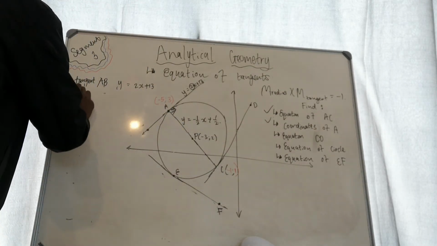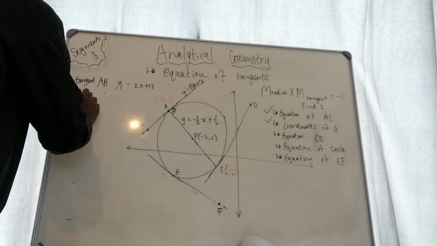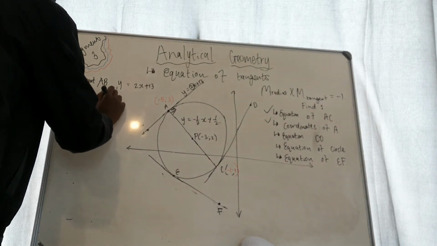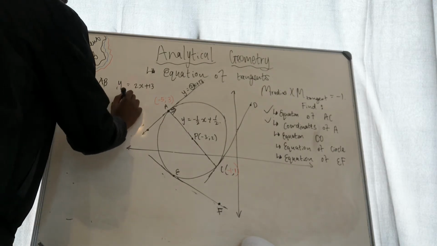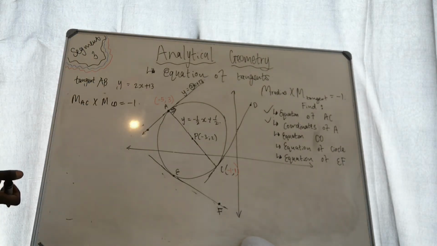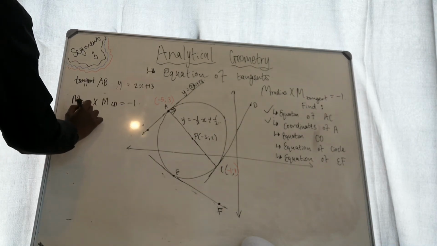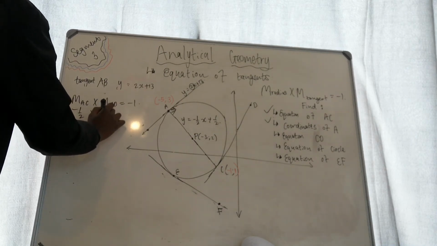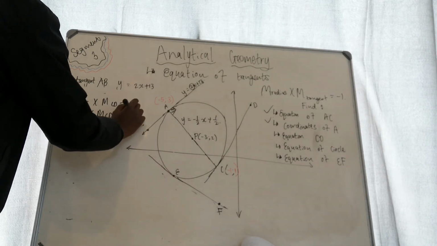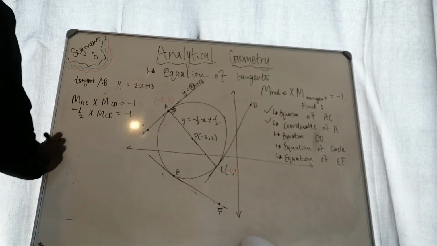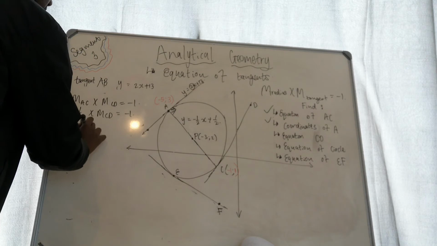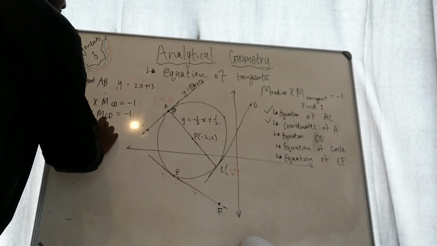And we know that the gradient of AC times the gradient of CD is going to give me -1 because it's a radius and a tangent. I have this one here. I'm looking for that one there. So m of CD is actually equal to +2.